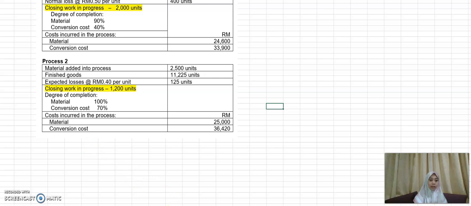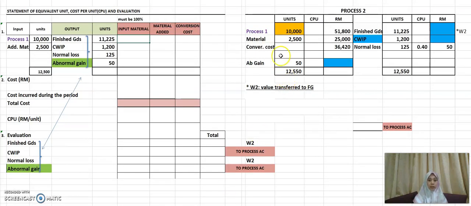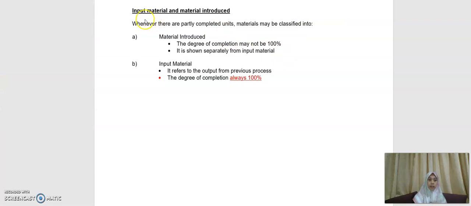Remember earlier I mentioned that you have 2 types of material: the input material, and the material that you add or introduce into the process during the period. So in this case, you will have 2 types of material, that is your input material and the material added. The input material will always be 100% complete. Previously, I did mention that you have the material introduced and the input material.